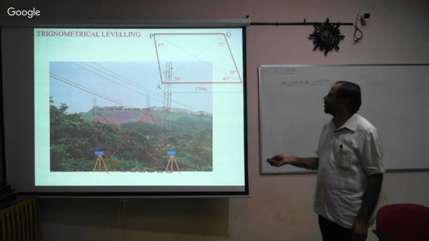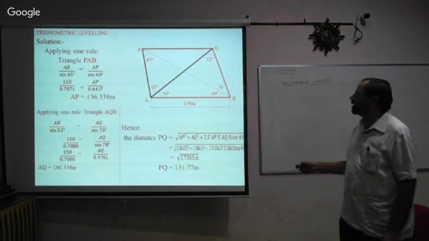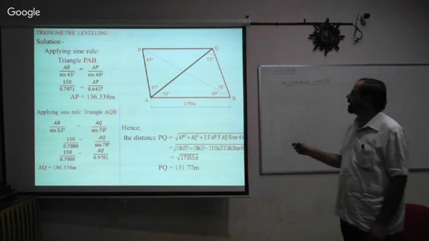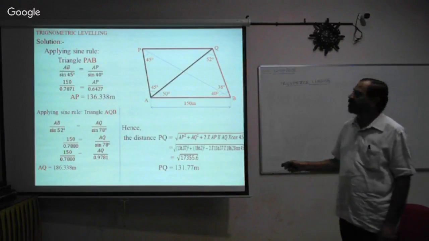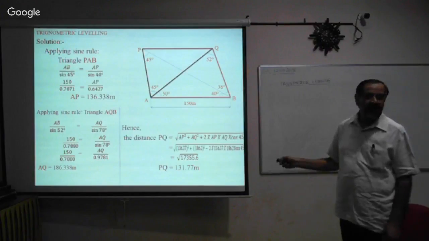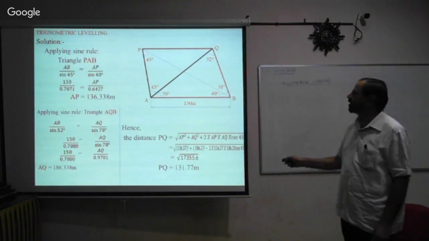That is simple mathematics. And after doing so, now consider the triangle PAB. Apply the sine rule and solve for AP. AP is calculated. See? Now this is known.